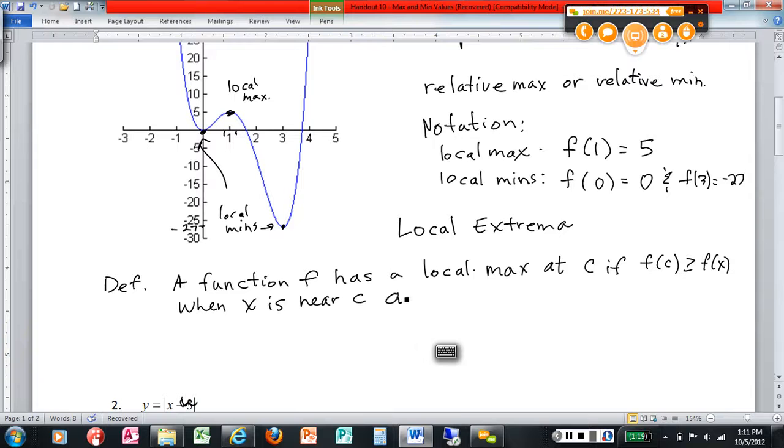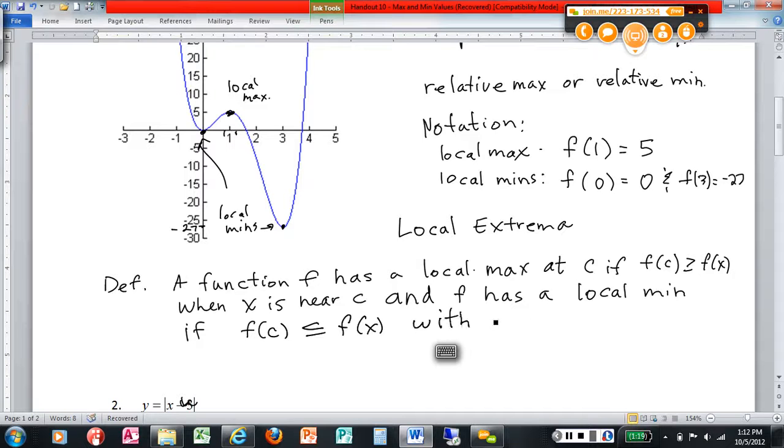And f has a local min if f of C is less than or equal to f of x with x near C. It's just a reverse, right? If you've got a local min, like down here at x is 3, the function value at 3 is negative 27, but if you go near 3, at 3.1 or at 2.8, wherever you go there, the function values are all greater.